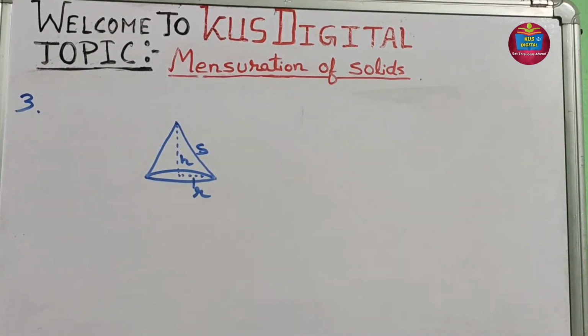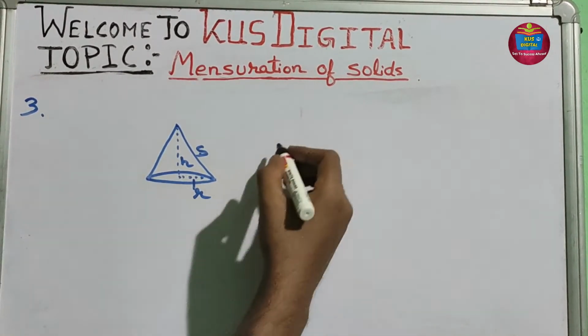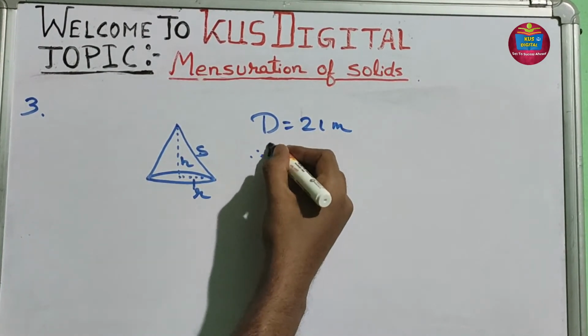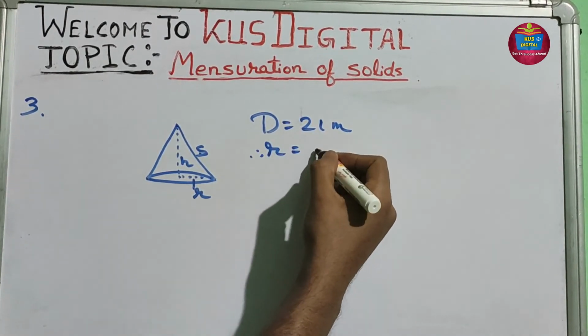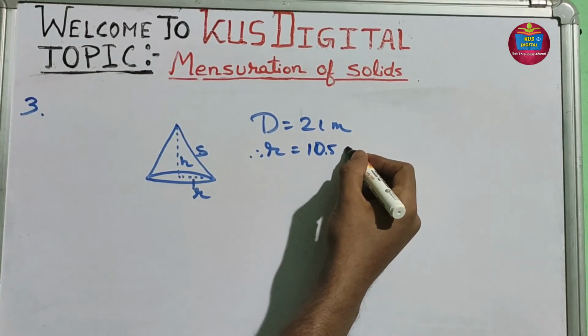Okay, slant height. Now diameter of the base is given as 21 meter. So therefore R is basically 21 by 2, that means 10.5 meter.